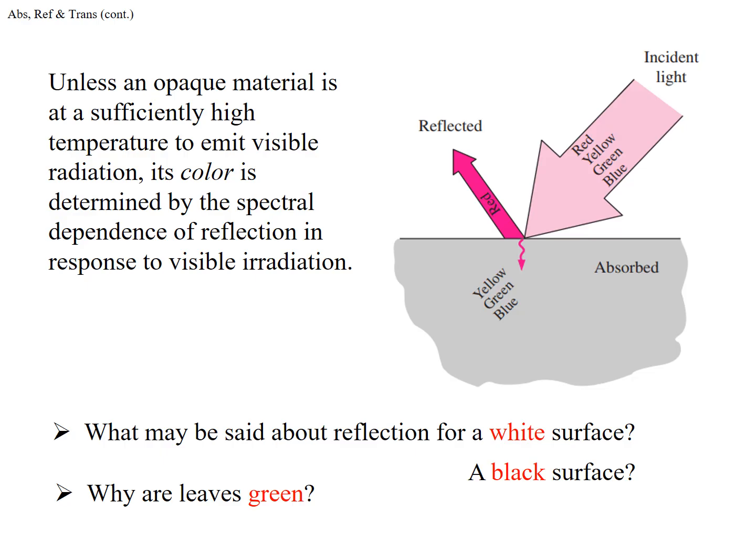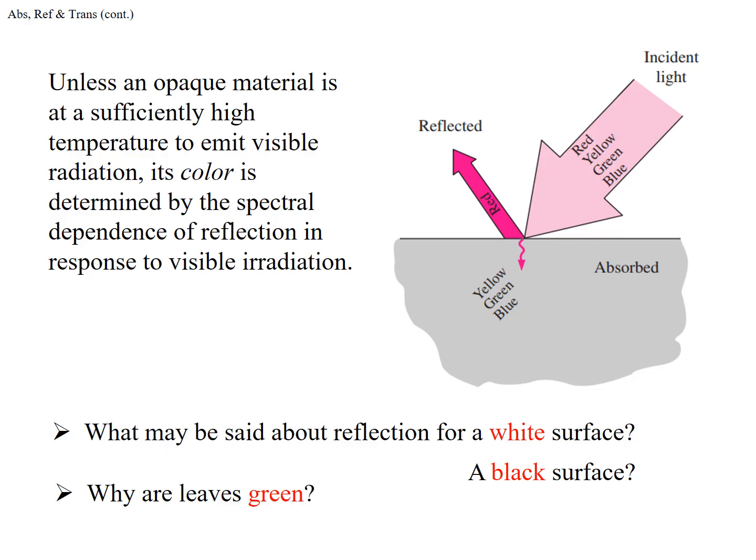Same goes with leaves that are green. It's because of the chlorophyll pigments on the leaves that reflect green but absorb everything else like yellow, blue, and red. And then there are surfaces like white and black surfaces. White surfaces are those that reflect everything, all the different parts of incident visible light. As a result, they appear white to you.